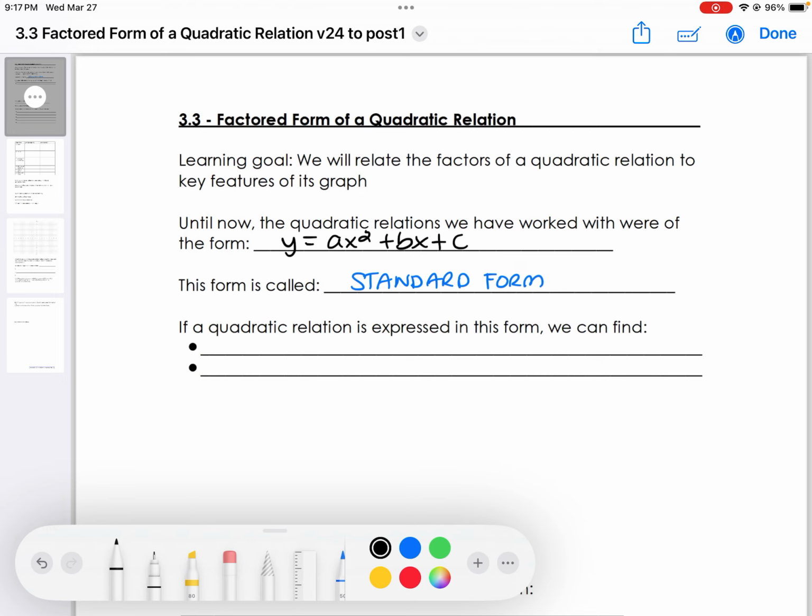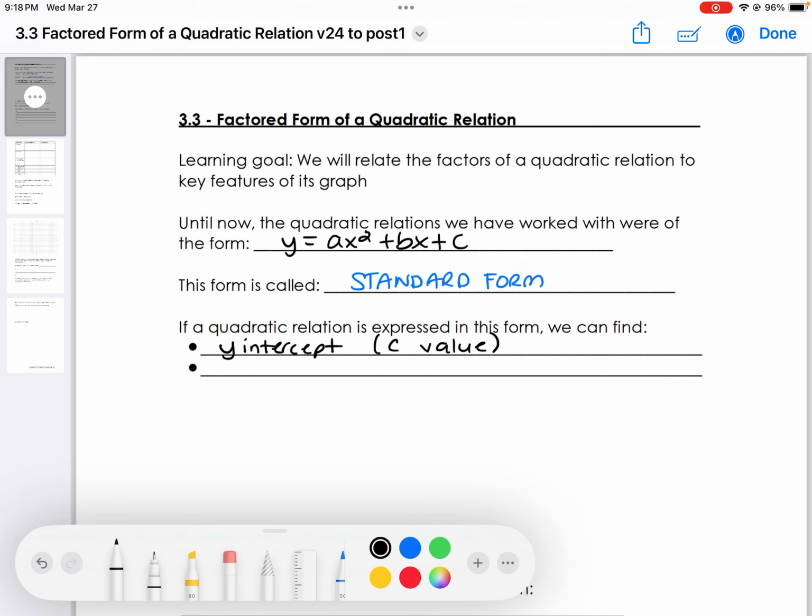When you have a quadratic in standard form, we can find the y-intercept, which is the c value, the value at the end of the equation, because the y-intercept is when x is equal to 0. So if you sub in x is 0, then the x squared term becomes 0, the bx term becomes 0, and all you're left with is y equals c.